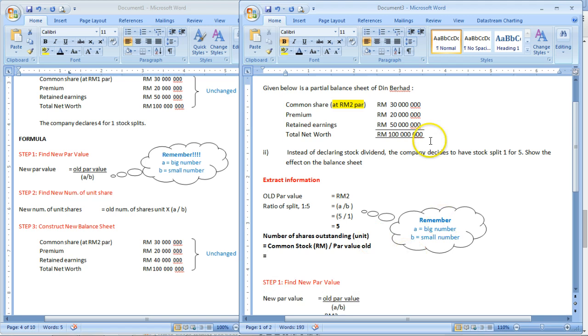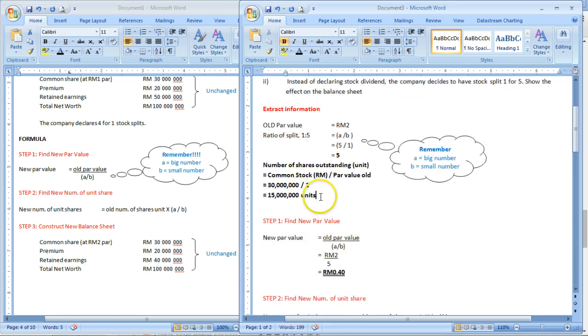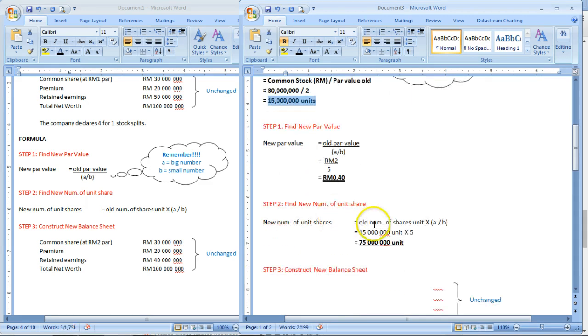So what is your common stock in RM? 30 million, the same step as in my first video to find the number of shares. 30 million divided by par value, so you will get 15 million units of shares.